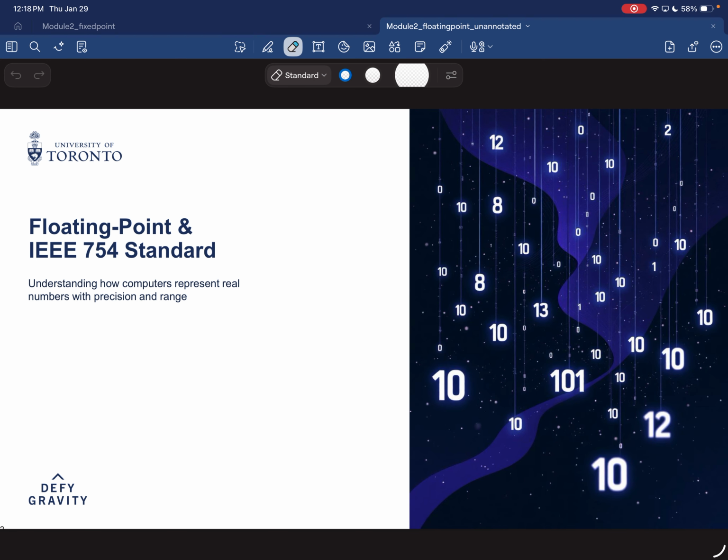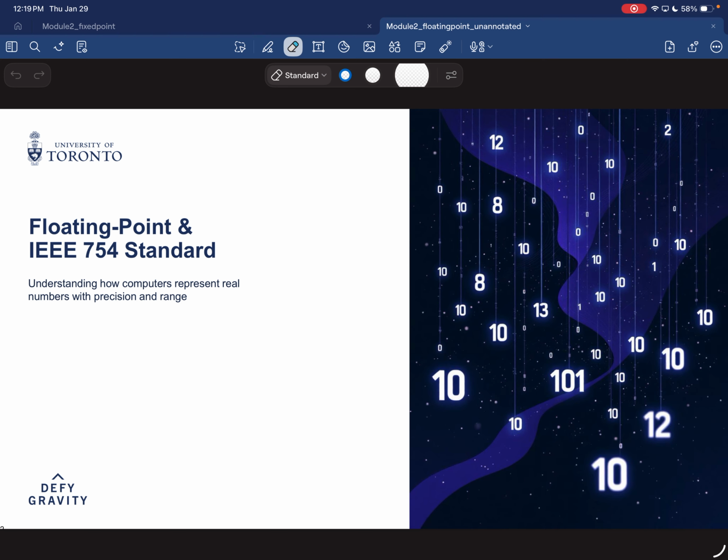Fixed point is very fast, as you know, but it's very rigid because the exponents or the fractional bits are fixed. Once the format is fixed, it's fixed. You can't change it. The range is quite limited to the number of bits that you have. The resolution and the range are fixed as soon as you have defined M and N, right?